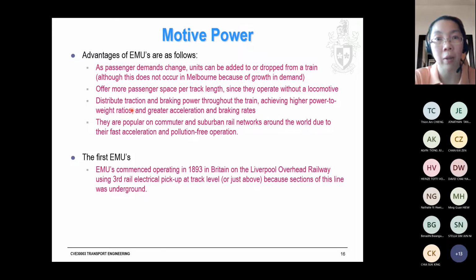It doesn't just depend on a locomotive at the front or at the end of the train, because each unit has its own power to propel the train forward. So each unit also has its own traction and braking power. And this is a very high power to weight ratio.